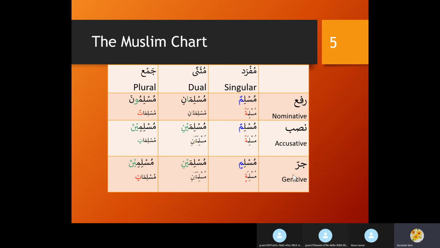In fact, the sign of an isim is that it can become jar, when the dhamma and the fatha is brought down or dragged down. Jar is actually to drag something down. So Muslimun, Musliman, Muslimin, and we said that these were the ending sounds. This is a good term, an ending combination, because it's not just a sound, it's actually the letters that you're looking at. Okay, so that's that.